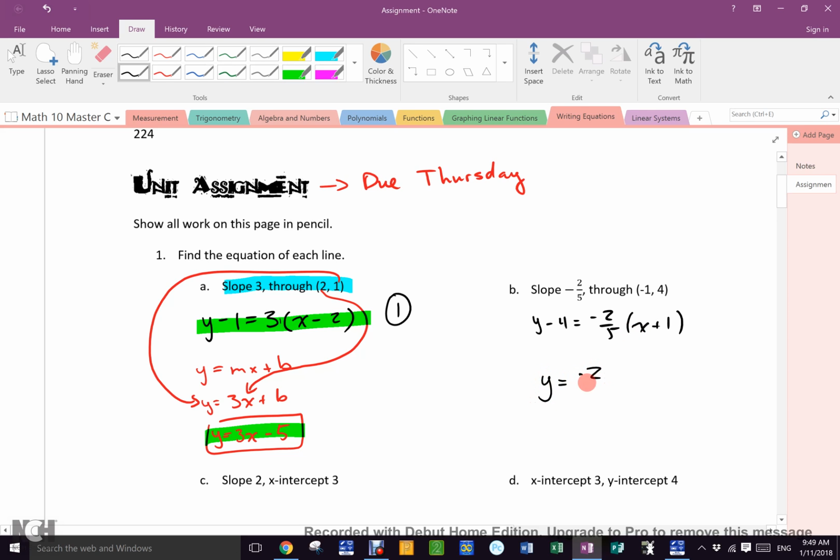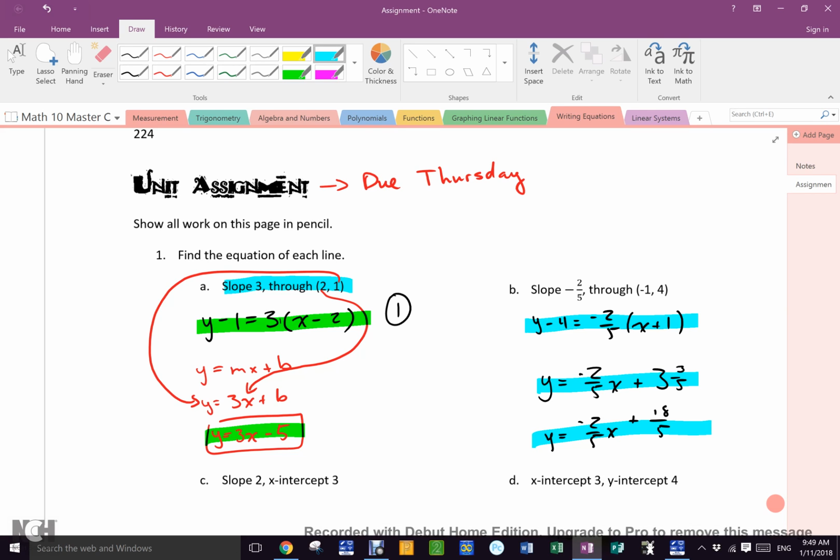Y equals negative 2/5 x plus 3 and 3/5, or maybe you have 18/5. You should have one of those two. Everybody cool? Anybody want to discuss either one of them? Should have that or that. Everybody good? Or that. I would accept any of the three. Everybody good? Which one? Do you want to discuss it? No, I know what it is. Okay.